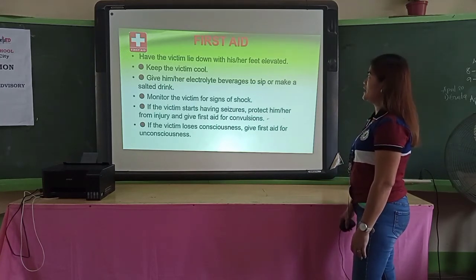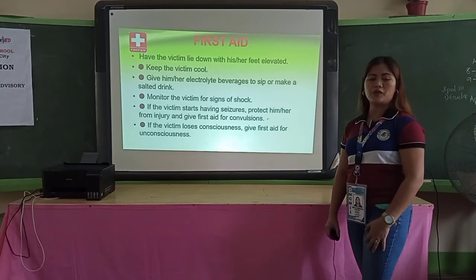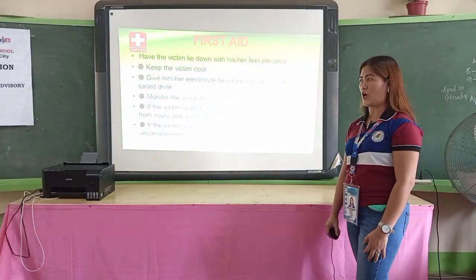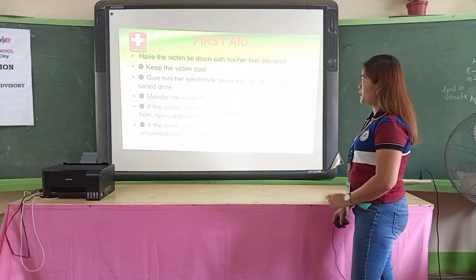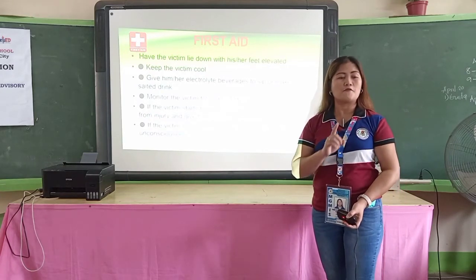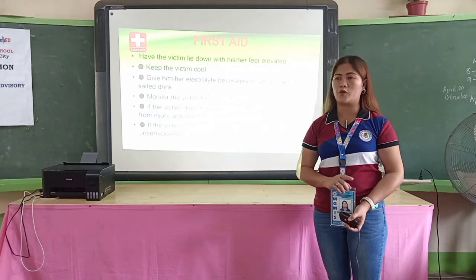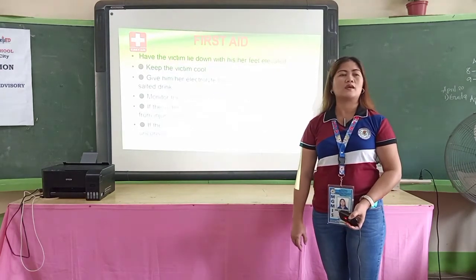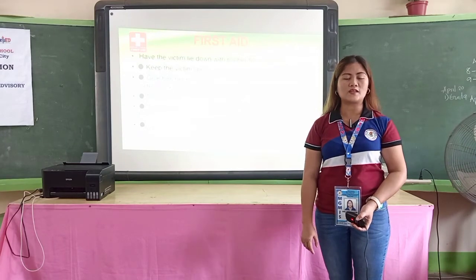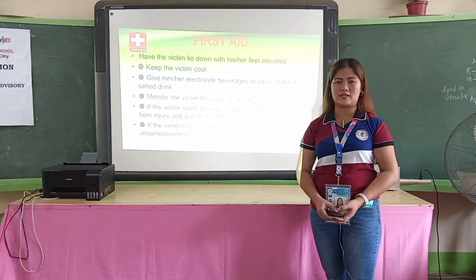Give him or her electrolyte beverages to sip or make a salted drink. Monitor the victim for signs of shock. If the victim starts having seizures, protect him or her from any injury and give first aid for convulsions. If the victim loses consciousness, give first aid for unconsciousness.